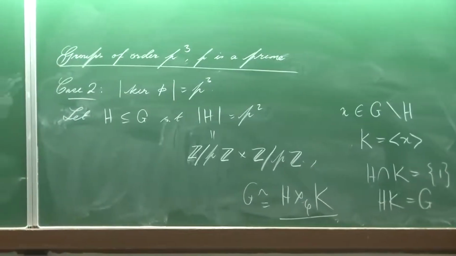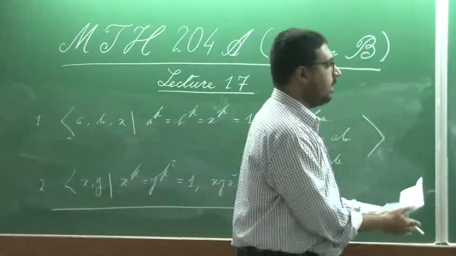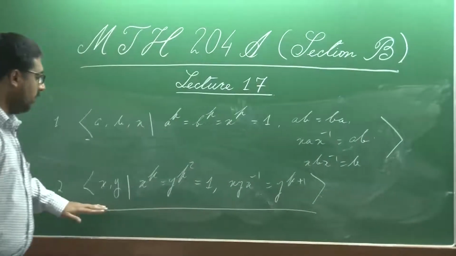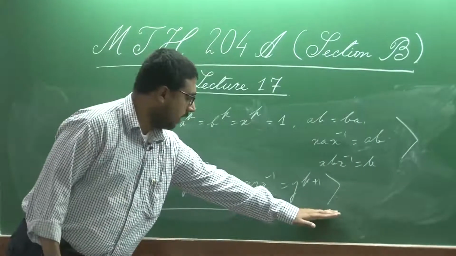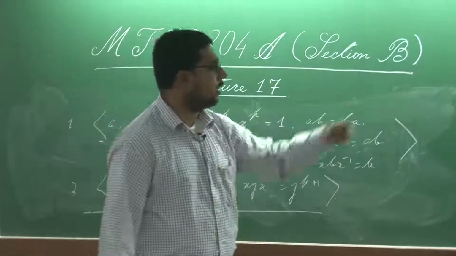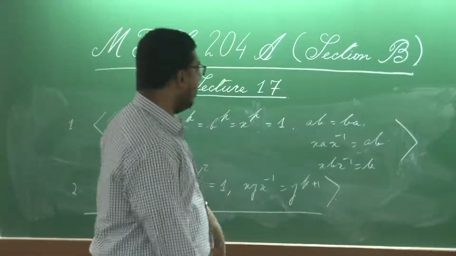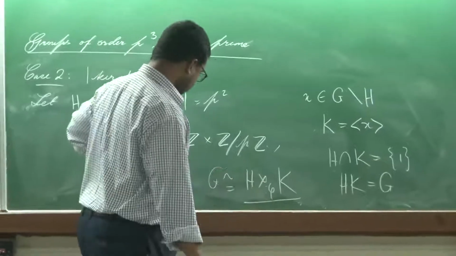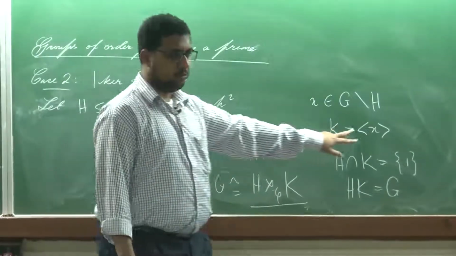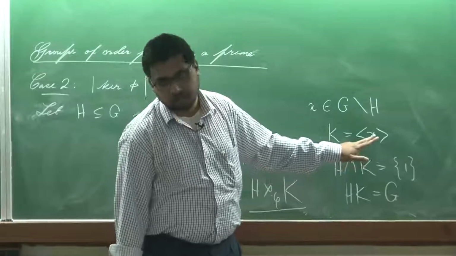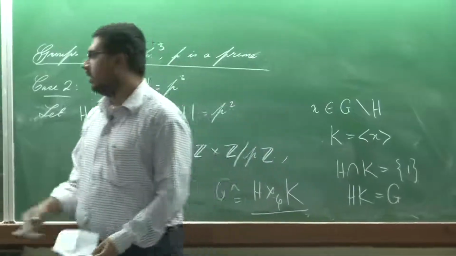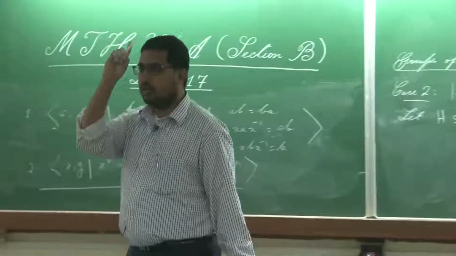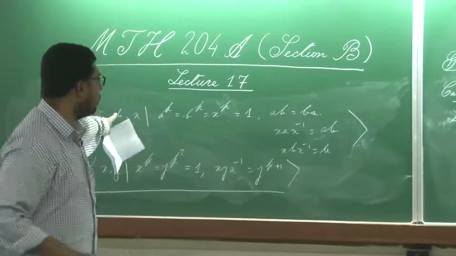So, the line of argument is again that of case 1. Here also we found that G has to be a semidirect product of two copies of Z modulo p Z with Z modulo p Z by means of a non-trivial homomorphism, and earlier we have seen that in that way we are going to get one and only one non-abelian group, namely this Heisenberg group.